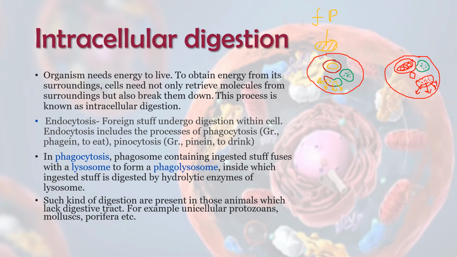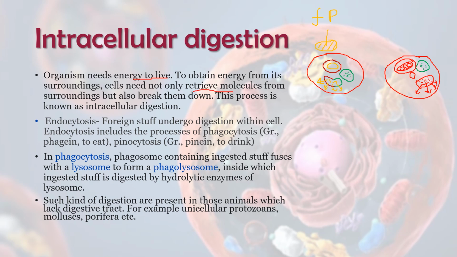So let's talk about intracellular digestion. We know that every organism needs energy to live. A cell does not only retrieve molecules but also breaks them down. This is intracellular digestion.